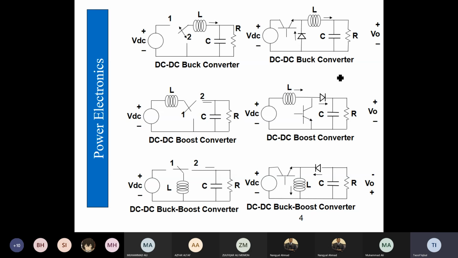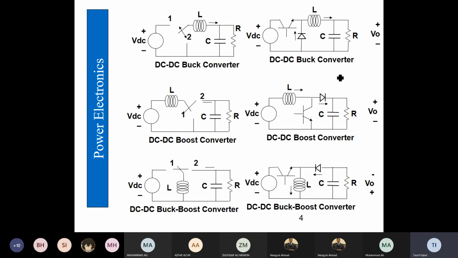So in all three converters, you can find out that capacitor is all the time connected in parallel with the load, whereas the other three components, switch, diode, and inductor, their locations are changed.